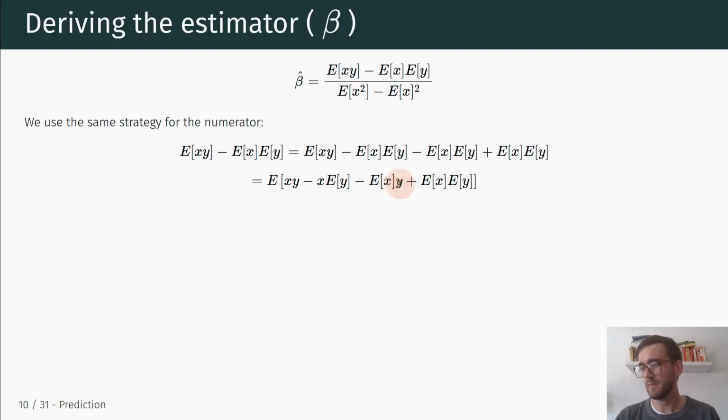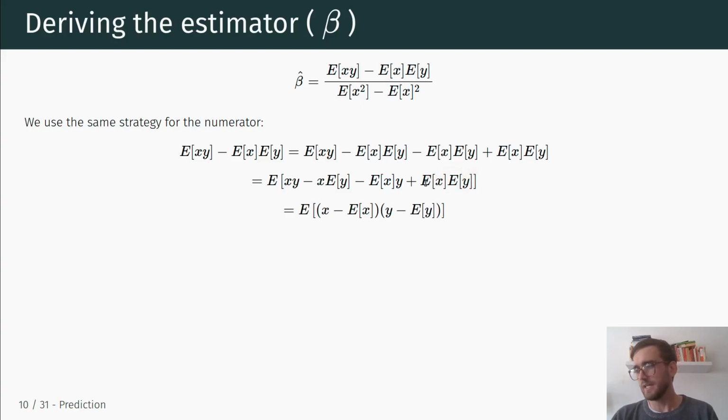Then we remove the expectation from y for the second element here, so this moves down here, and the y loses the expectation because it's all taken care of by this larger expectation. And then we have the last part, ex times ey.